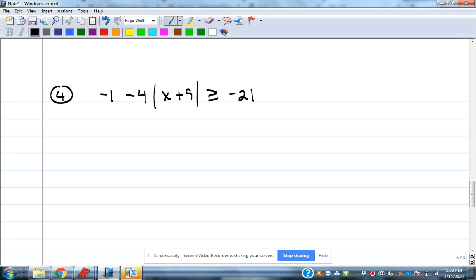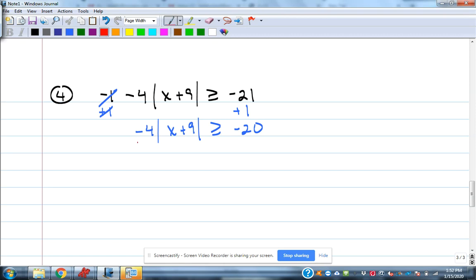What's going on between the negative 4 and the absolute value? They're multiplying, so you have to move the negative 1 first because you can't do the addition before you do any multiplying. So there's negative 4, absolute value of x plus 9 greater than or equal to negative 20.